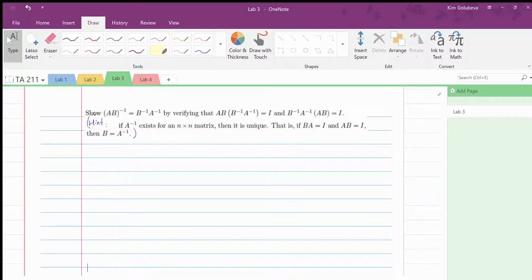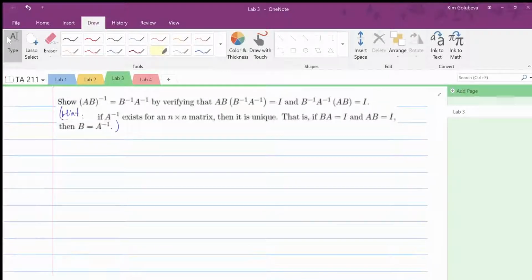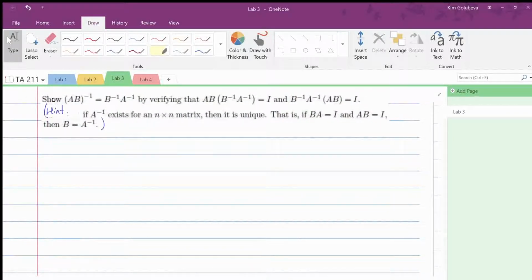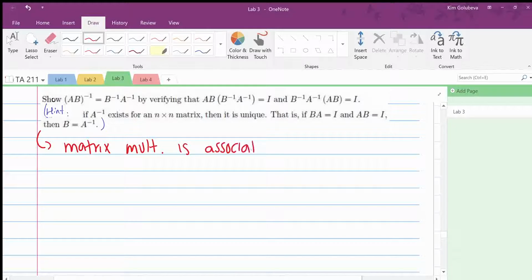Before we start on the solution to this problem, I'm just going to make note of something: matrix multiplication is associative. And what associative means is that you can re-bracket things and it's still going to equal the same thing. So associativity is talking about bracketing. I'll give you an example here.